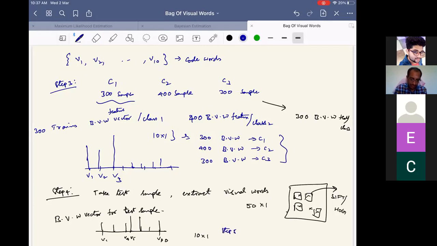This is step 5, if you would like to consider. Supervised means I can apply whatever: neural networks, nearest neighbor, Bayesian classification, or any other classification, but with bag of visual words features, in assigning the test sample to class 1, class 2, or class 3 based on the respective class bag of visual words features.